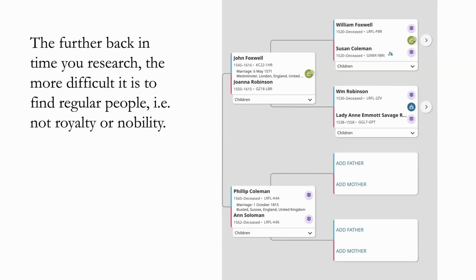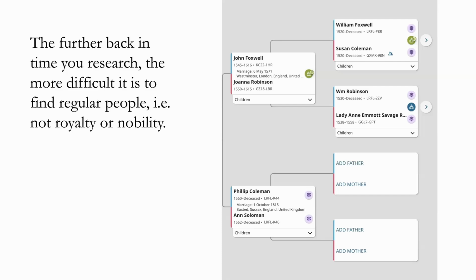Unless you've got royalty or nobility, and by the way, there's always this chance or idea that you can connect back to some noble person. That's a whole different subject and a whole different category of issues.